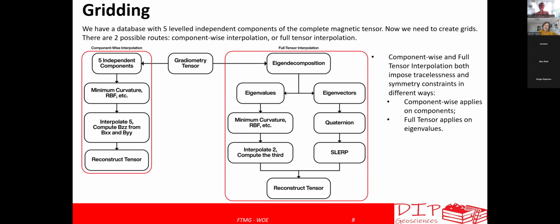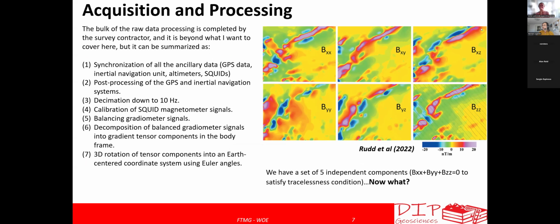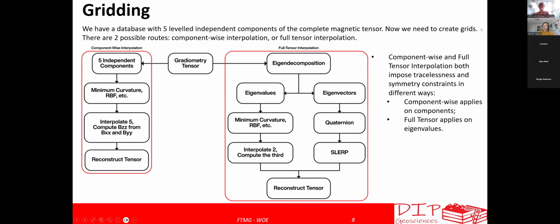There are 2 possible ways to do it. One is to do what we call component-wise interpolation, or just grid the components independently. So you have 5 channels of data, you treat them like any data, and then you grid them independently, and then you produce those 5 images. So that's one way to do it.